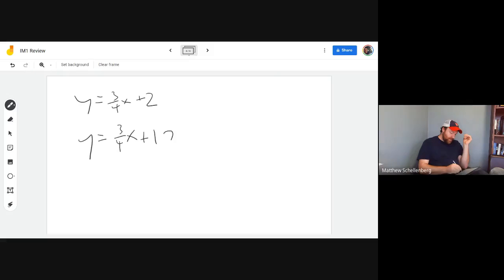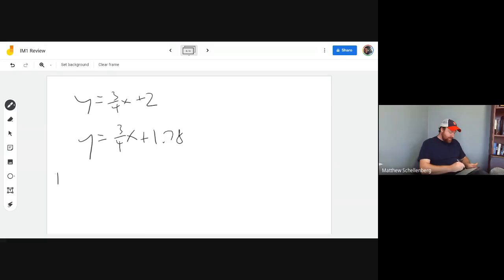It could be 1.78. I don't care what the y-intercept is. They're still parallel. Because if you have a line that's going like this and a line that's parallel like this, it doesn't matter how far apart they are. As long as they're going in the same direction with the same slope, they're going to be parallel. So the y-intercept literally does not matter to see whether or not they're parallel.